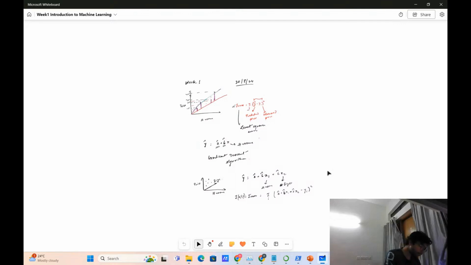Right. So we'll do dJ with respect to a, and we'll equate to 0, and we'll see what is the value of a we are getting. Similarly, we'll do dJ with respect to b equals 0, and we'll see what is the value of b we are getting, right? And so on.